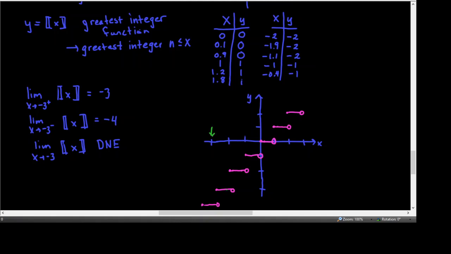From the right-hand side, we're approaching a y value of negative 3, right? And then from the left side of negative 3, we're approaching a y value of negative 4, right? And those are not the same number. And therefore, since we're approaching different numbers from the left and right side, the limit does not exist.